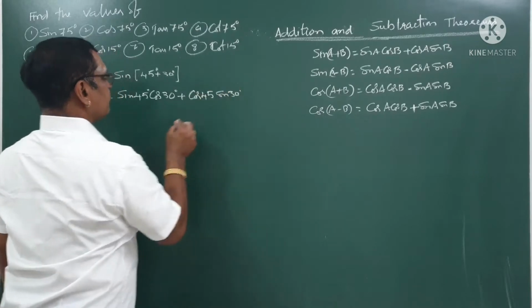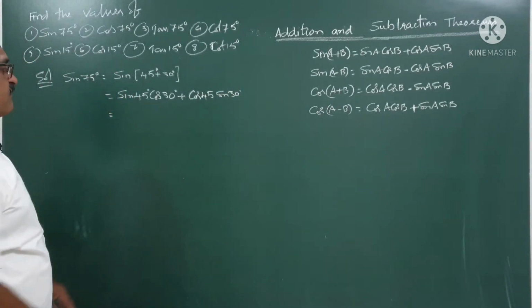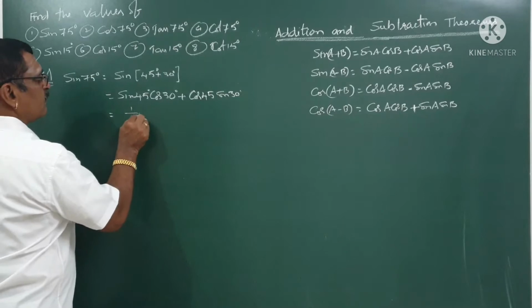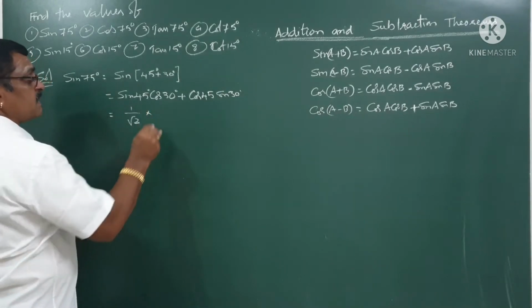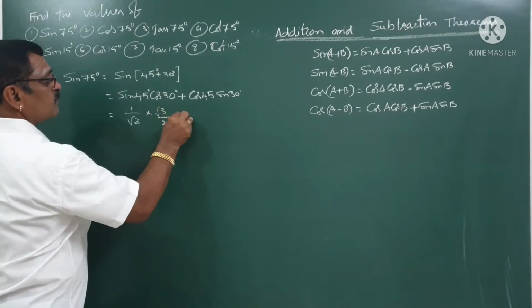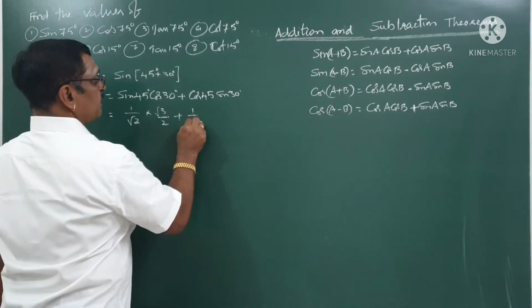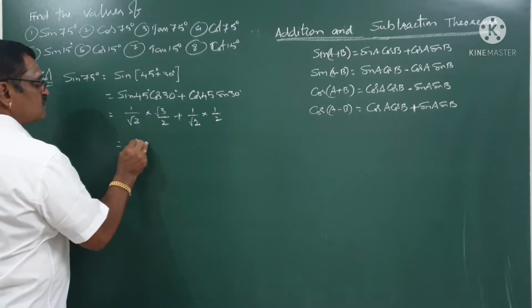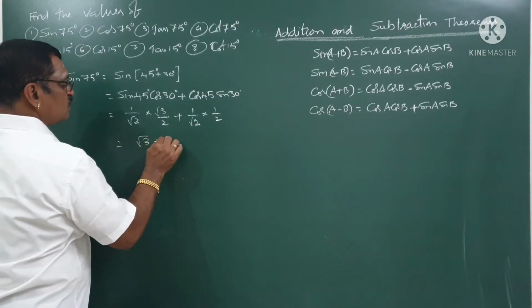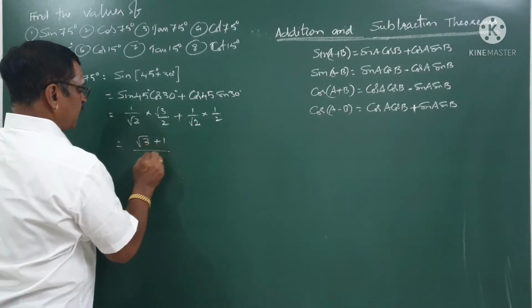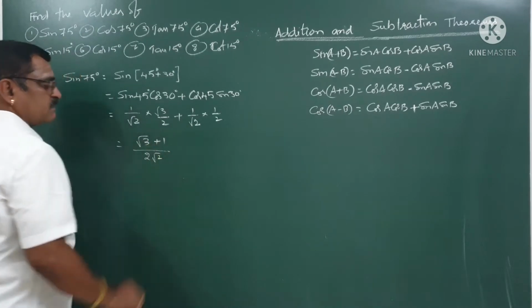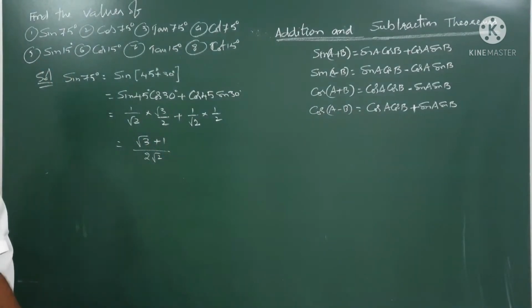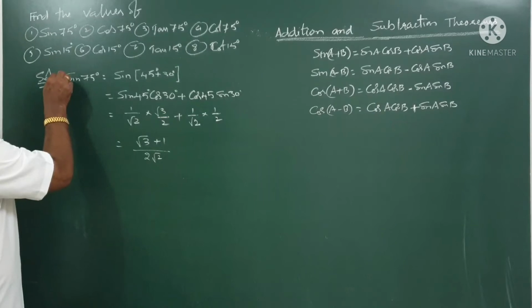Now sin 45 we know very well, the value is 1 by root 2, and cos 30 is root 3 by 2, plus cos 45 is 1 by root 2 and sin 30 is 1 by 2. On simplification you get root 3 plus 1 by 2 root 2. Please note it down.